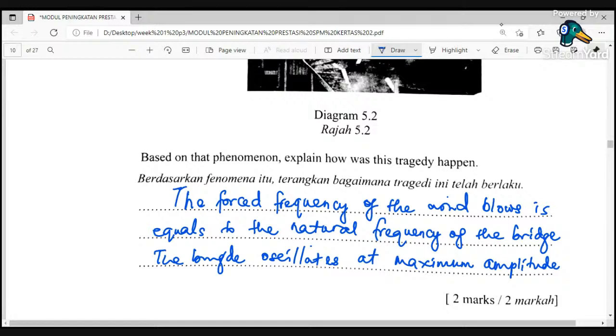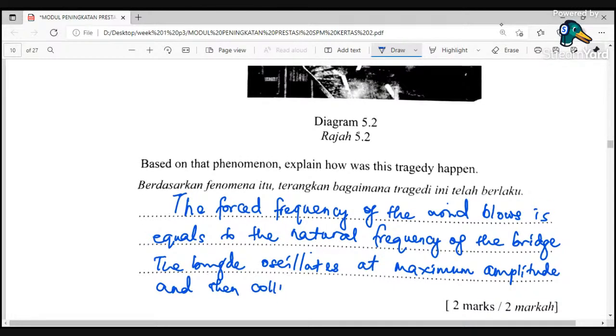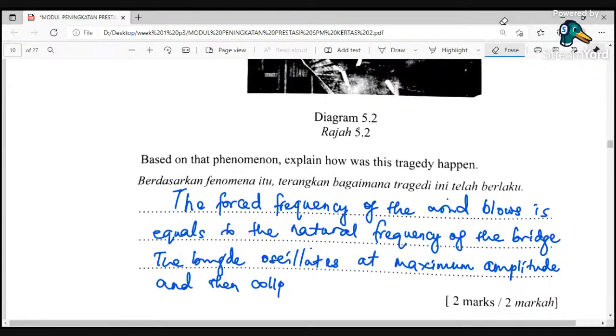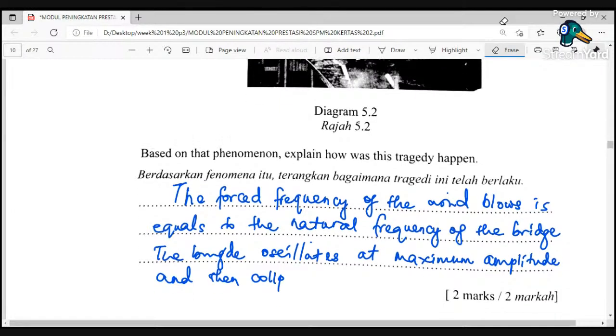And finally collapse. Okay. Jadi ada 2 point di sini. Force frequency equals to natural frequency, oscillate at maximum amplitude.